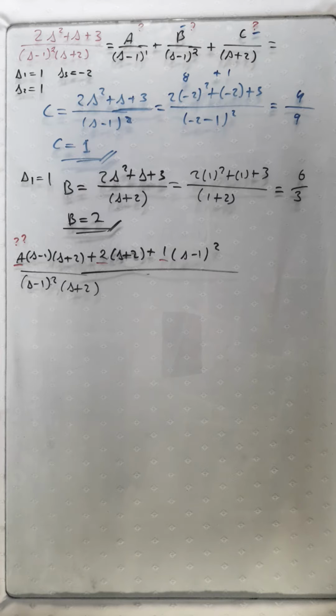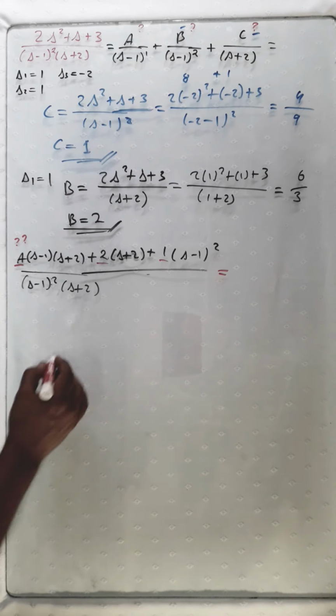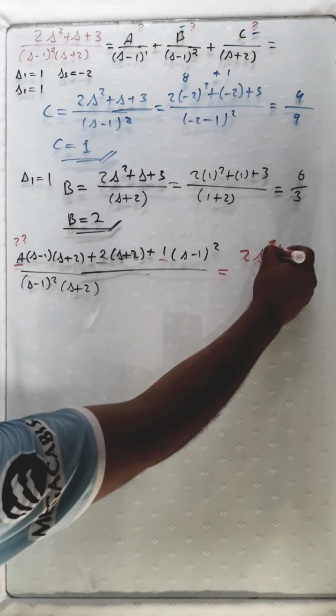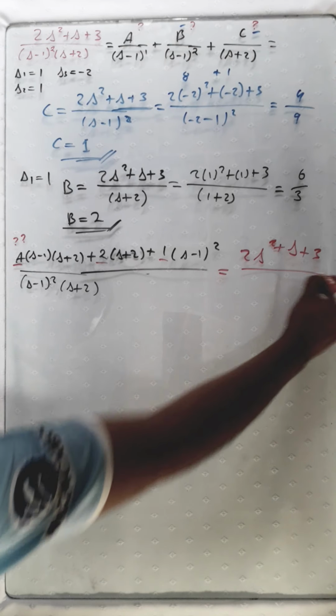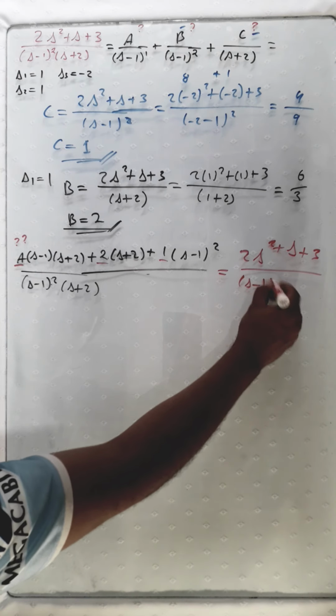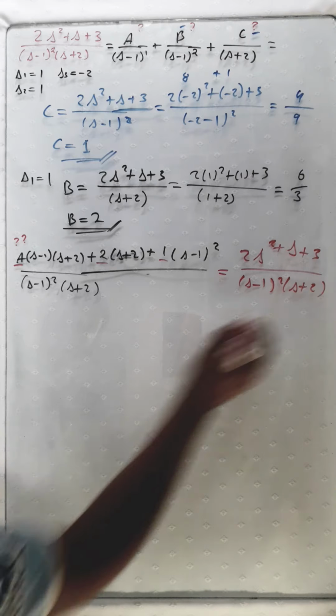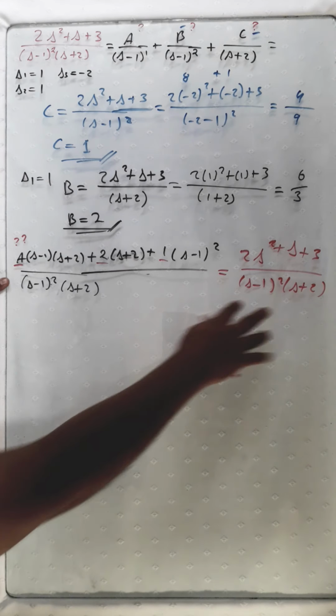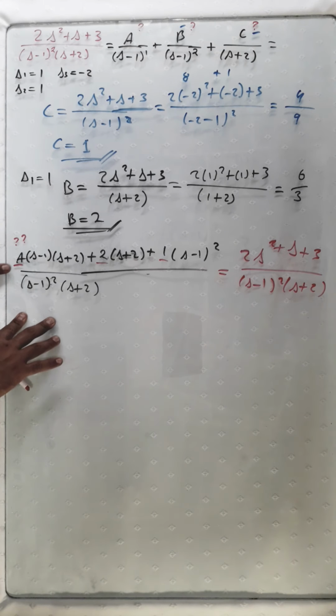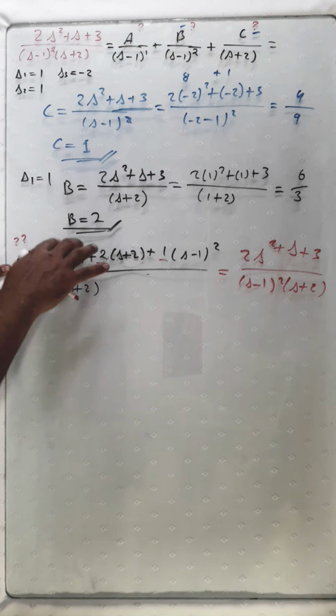Now, because this fraction is already the same as this, 2s squared plus s plus 3 divided by (s minus 1) squared times (s plus 2). As you can see, the denominator is already the same. The only thing that needs to be equal is the numerator.